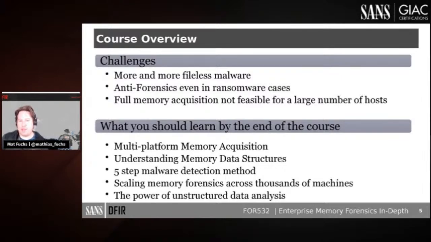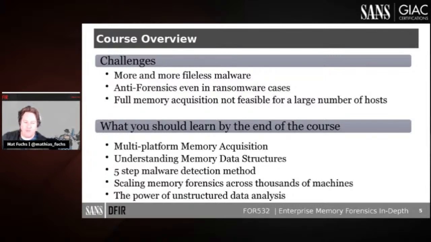That makes it possible to scale it to whatever size you want. And the other thing is, if you have to go for partial or full memory acquisitions, then at least we want to speed up the processing, right? So we want to make sure that you have ways to save resources in the processing department. So everything that can be automated will be automated. And you will learn a few ways of how to do that.